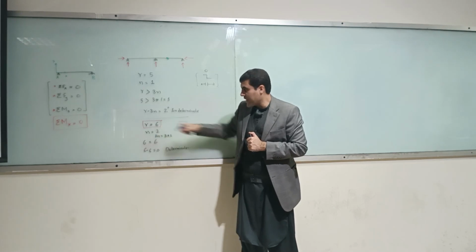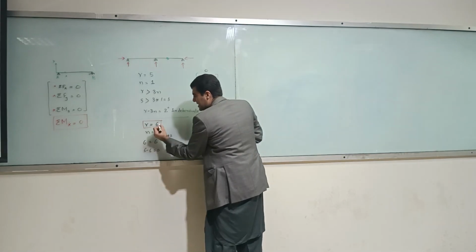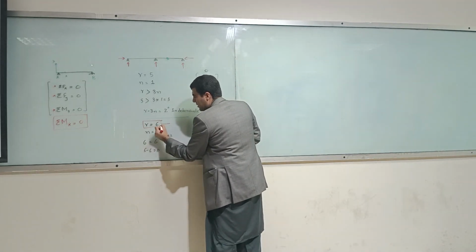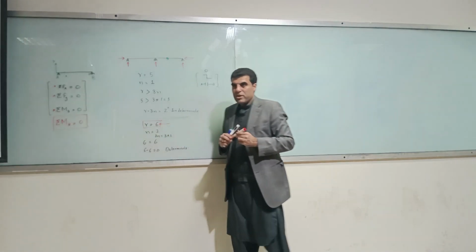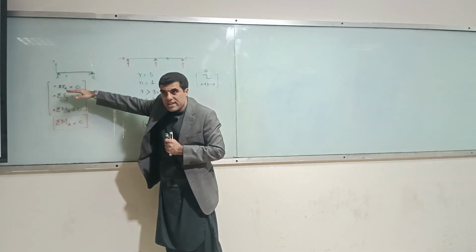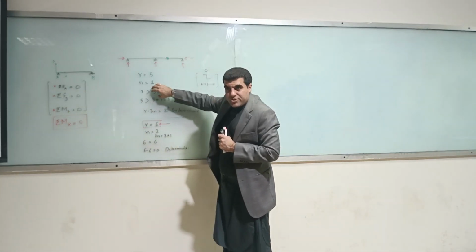How will this become 6? There will be some additional reaction that makes the moment 0. No. There is, because this can't be added to this one. That's what my point is. If you increase the number of moments, if you increase the number of available equations, that goes over there. That's what I was trying to tell you.